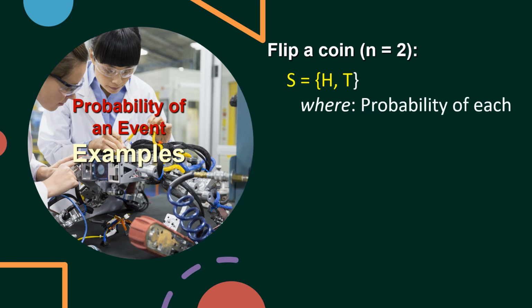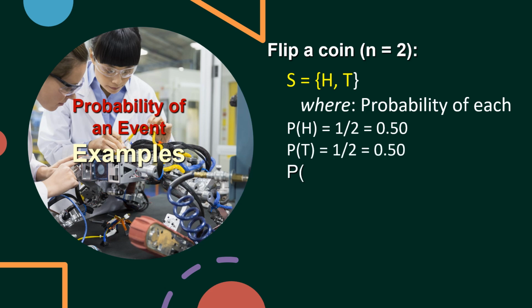The probability, therefore, of each event to happen, since there are two outcomes with two possible events, is just 50% or one half. So you have, therefore, P that the event head will occur plus the probability that the event tail will occur is equal to 1.